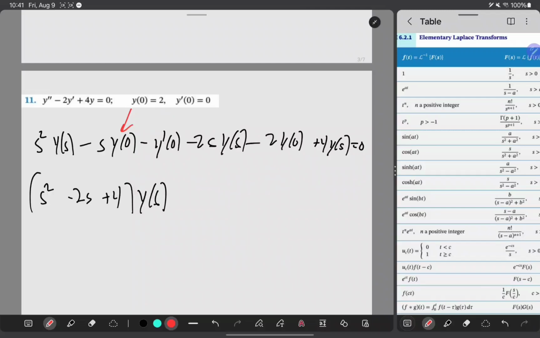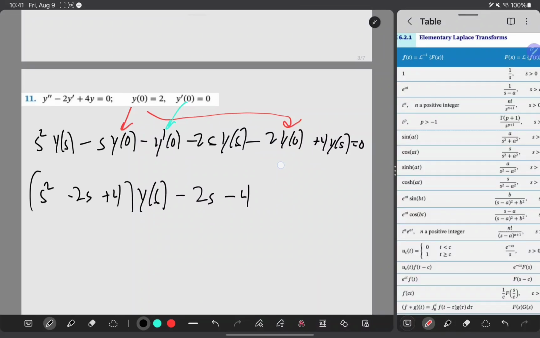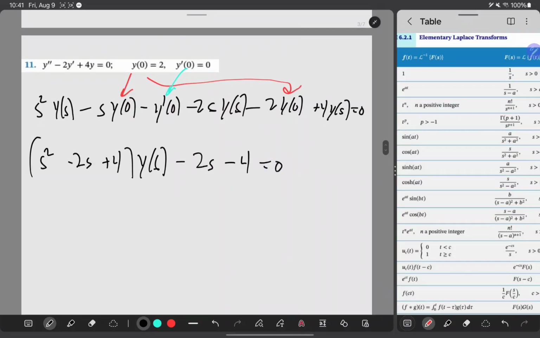This goes here, this goes here, this goes here. Minus 2s minus 4. That's 0. Wonderful. We have y of s is equal to 2s plus 4 over s squared minus 2s plus 4.